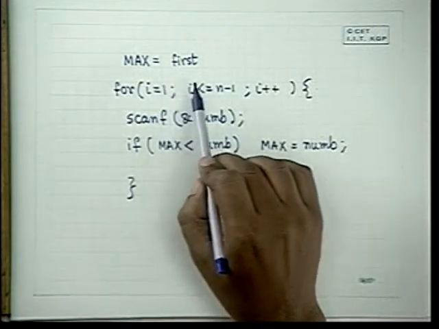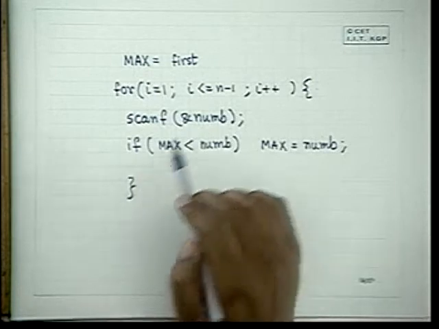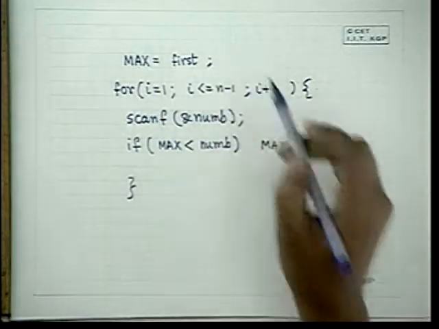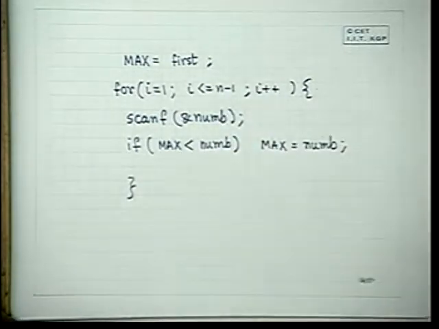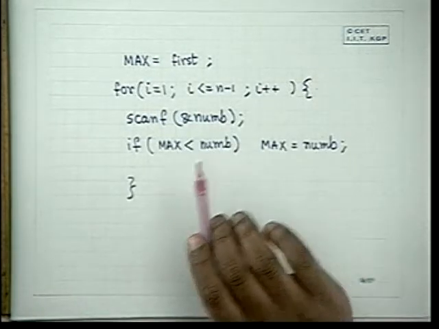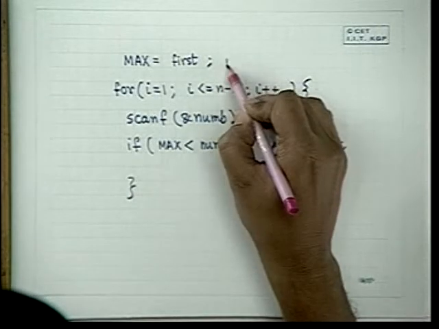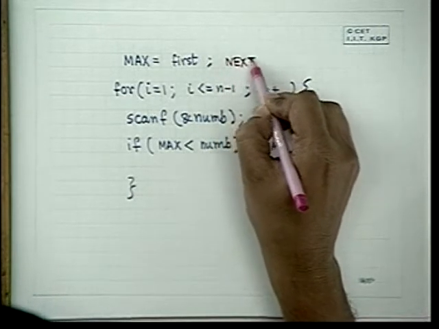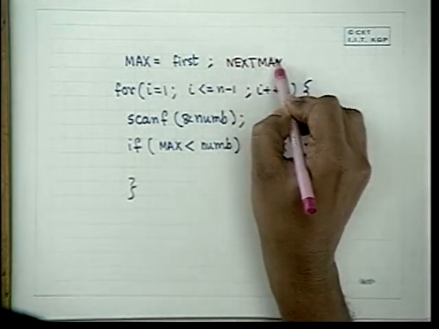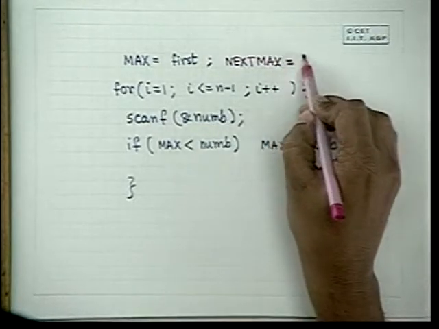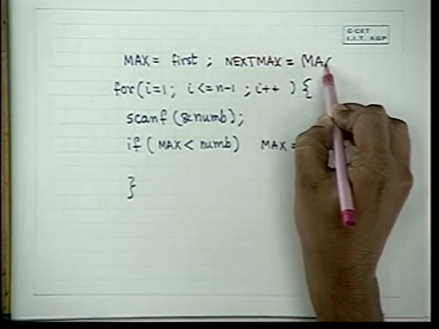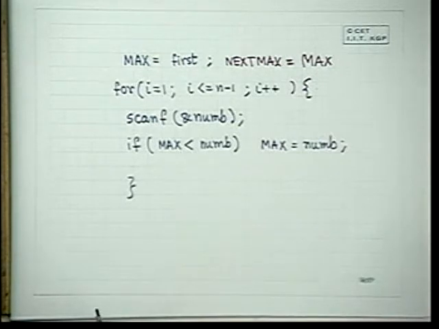And in order to find the maximum and the second maximum, we will also take a very similar approach that we took to find the minimum. And I have seen nearly everybody do it this way when I asked anybody for the first time. Next max is equal to max.